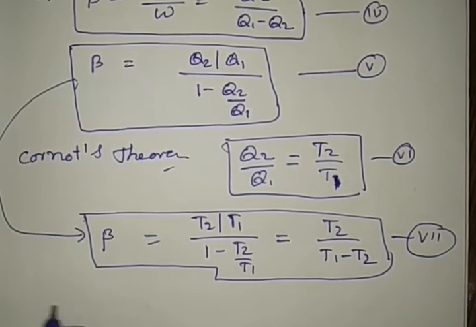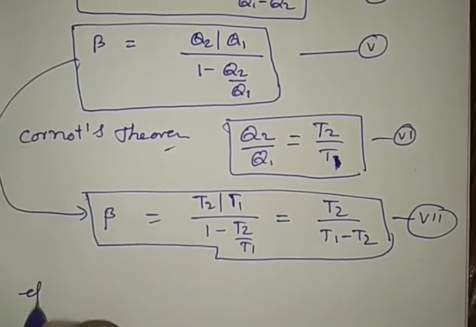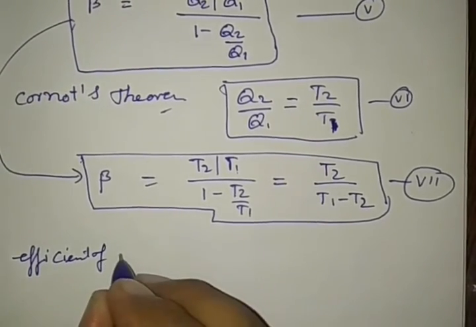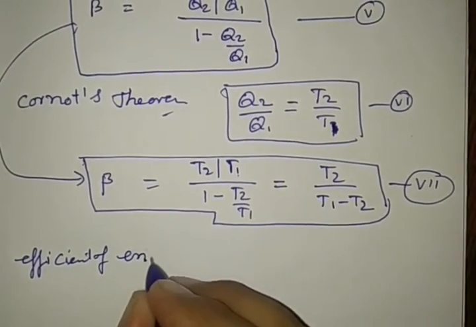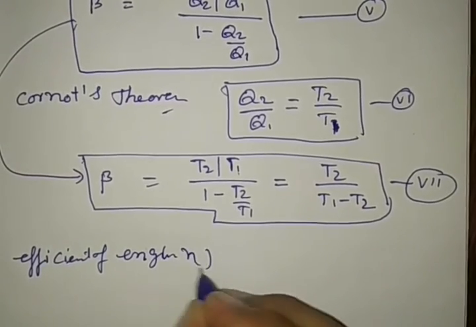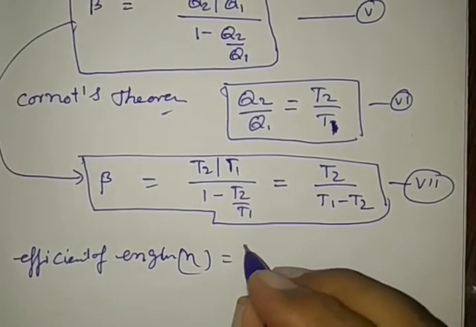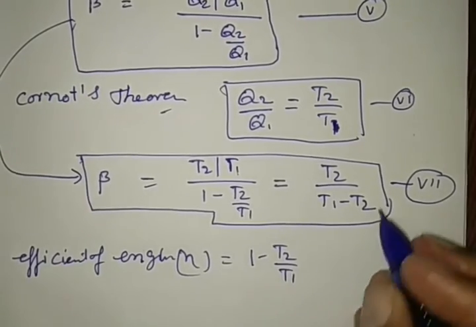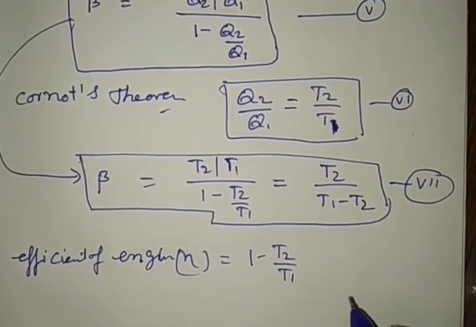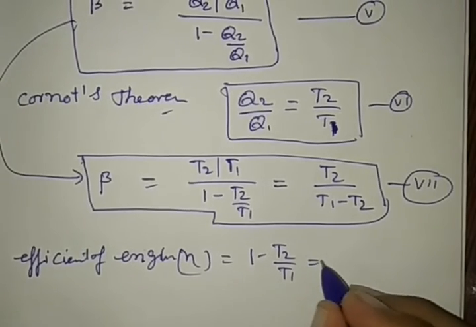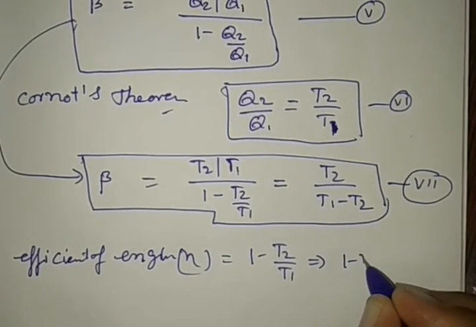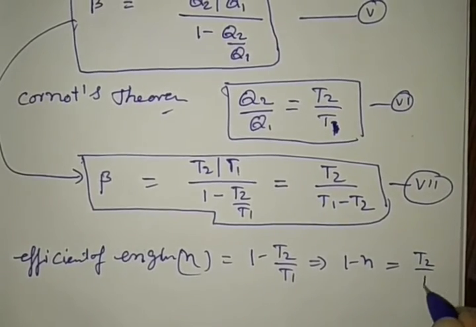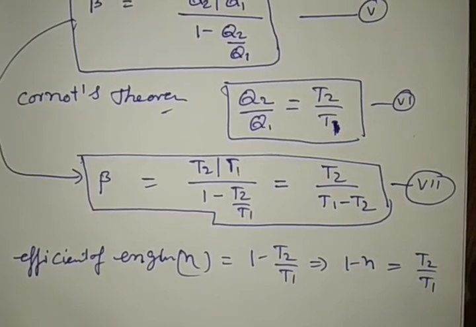Now we know that the efficiency of a heat engine, eta, is given by the formula 1 minus T2 by T1, right? So this implies that 1 minus eta can be written as T2 by T1, right?